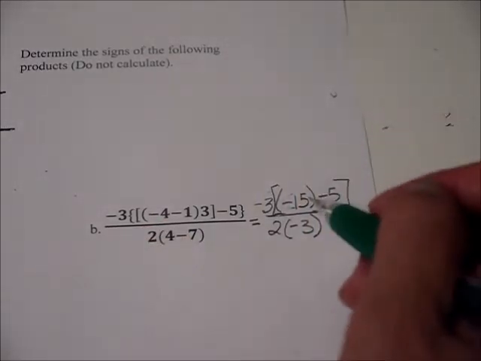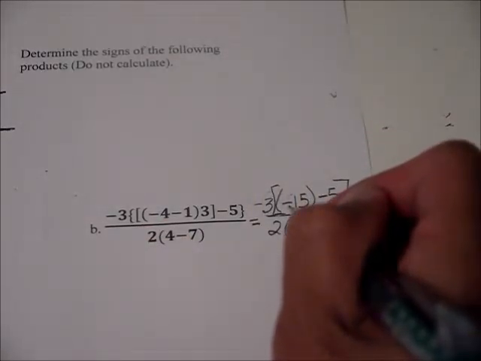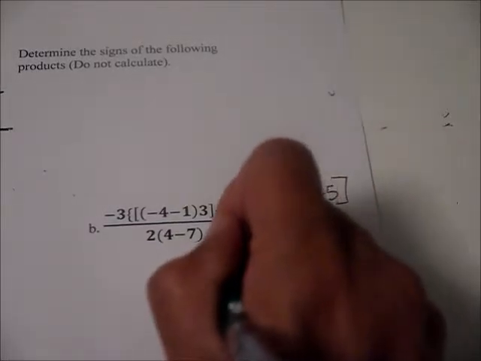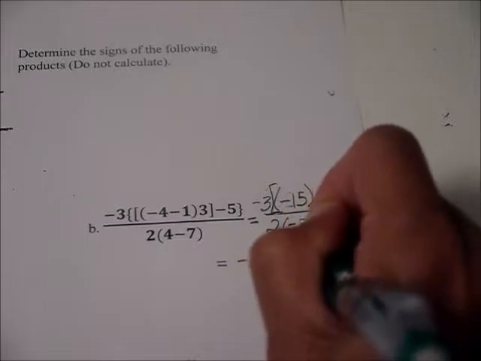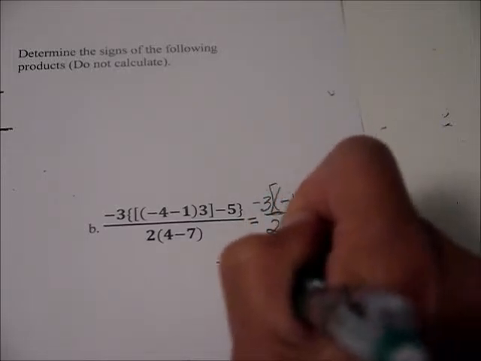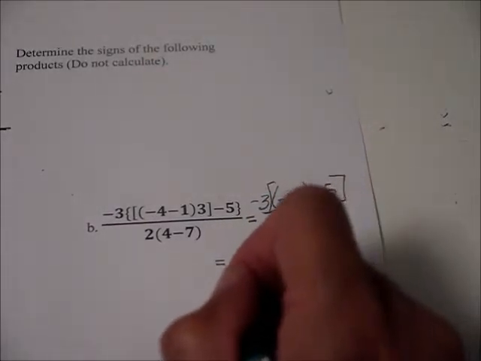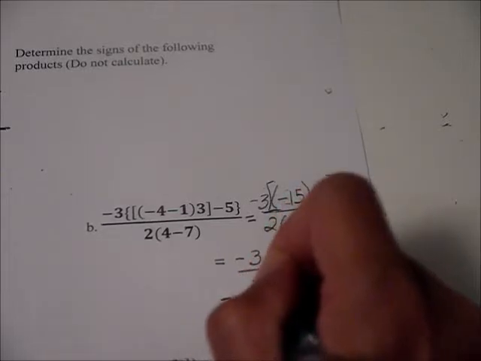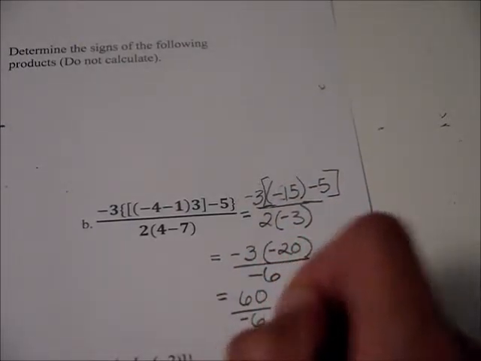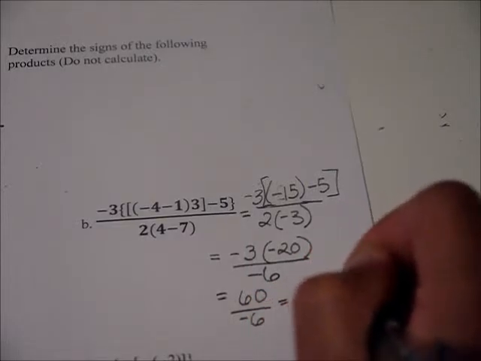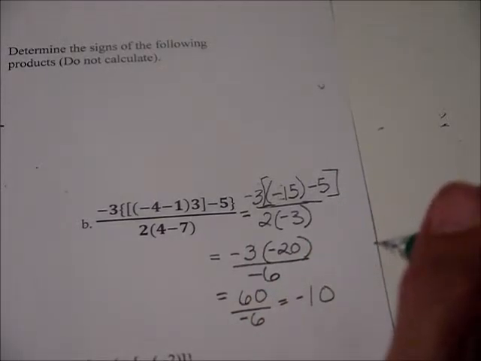Okay, so in here now we have a negative 15 minus 5, negative 3 times negative 20, all over negative 6. Okay, so I have a positive 60 over negative 6, so we're going to have a negative answer. And there we go.